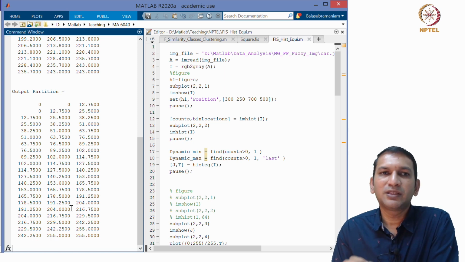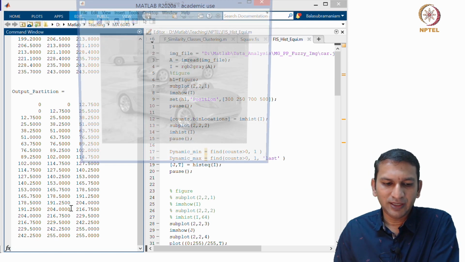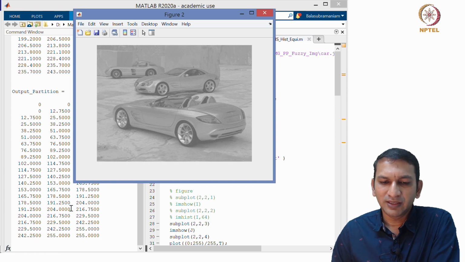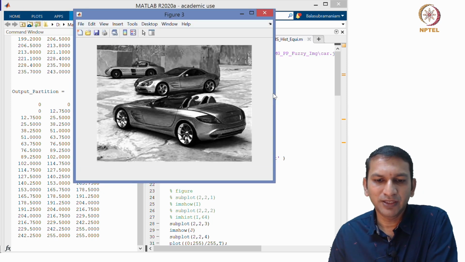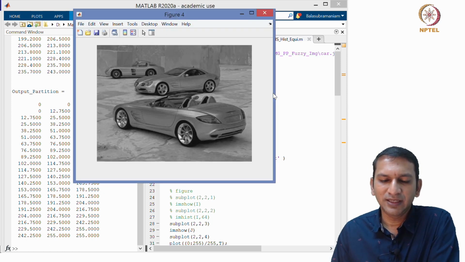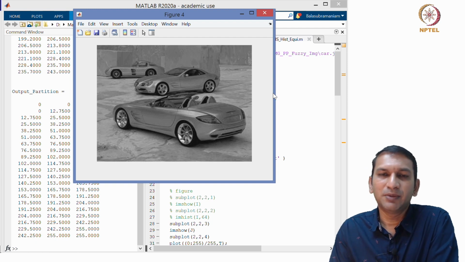Map an image with pixel intensity values corresponding to the output of the fuzzy inference system. If we do that, this is what we get. This is the original image. This is the histogram equalized image, and what we see here is actually the image that we would get if you employ the Mamdani fuzzy inference system that you have just built.